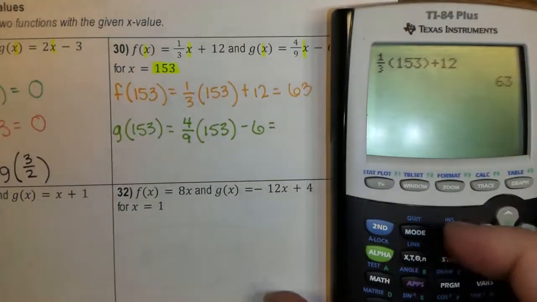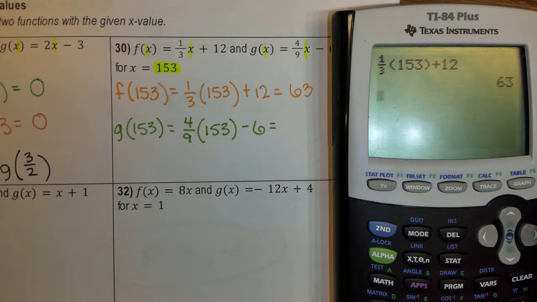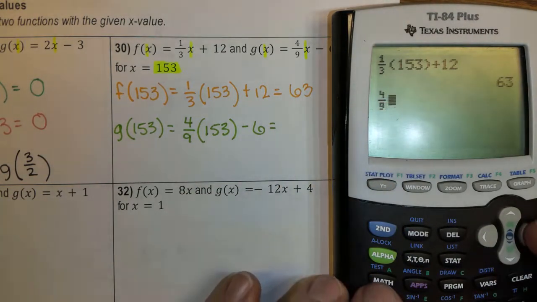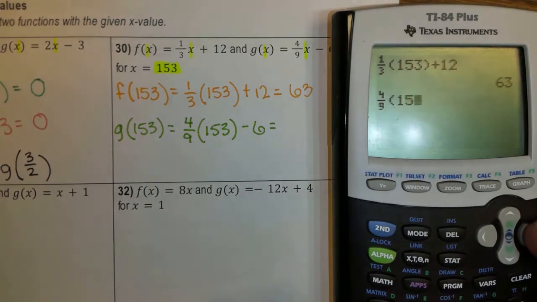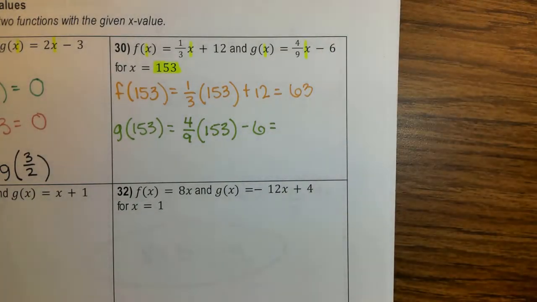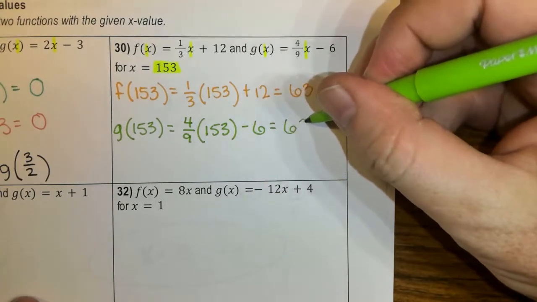Okay, get my nice calculator out, or if you have your phone, don't slam it on your desk or table, wherever you are. You don't want to break it. So fraction 4 over 9, parentheses, 153 minus 6. And I get 62. Ooh, look at that. 62.